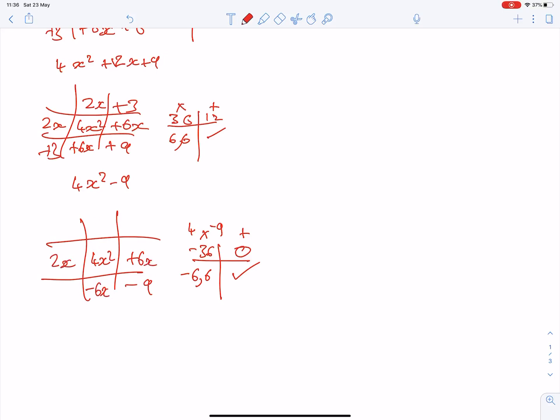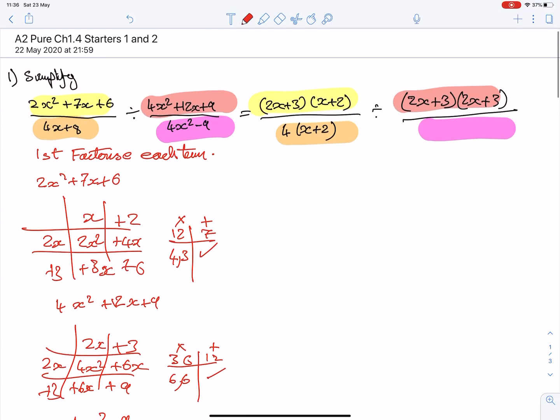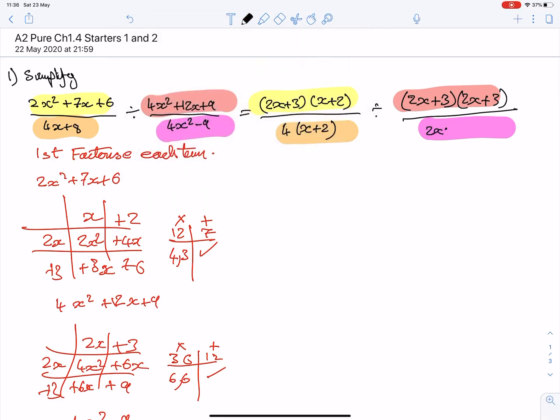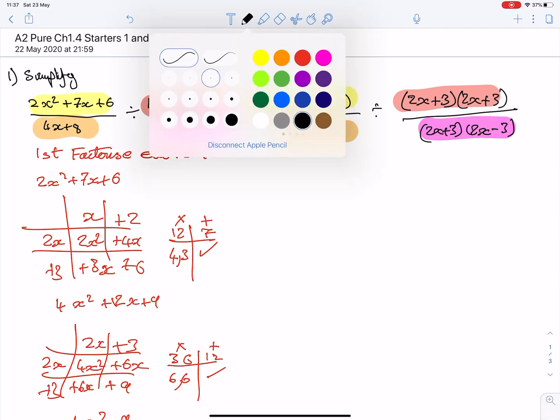Take the 2x out as a factor again, 2x plus 3, minus 3. So we get on the bottom here 2x plus 3 and 2x minus 3. You could have got that a lot quicker if you'd been happy with the difference of two squares.